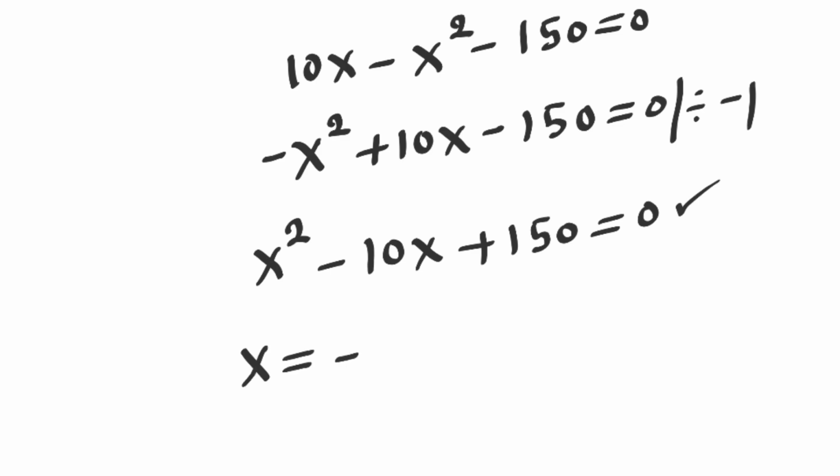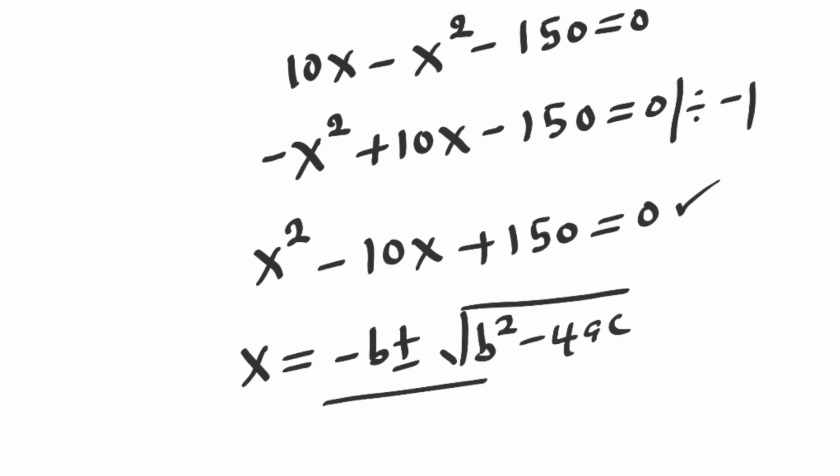x is equal to minus b plus or minus square root of b squared minus 4ac, divided by 2a.